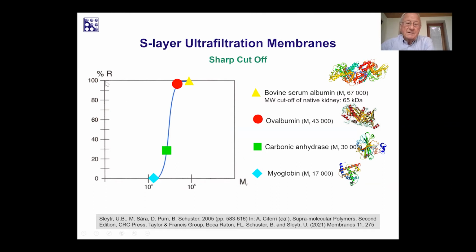What you can see here is the retention of a molecule in the supernatant during the filtration process, plotted against the molecular weight. And we see that the bovine serum albumin is retained to about 100%. This is 67,000.